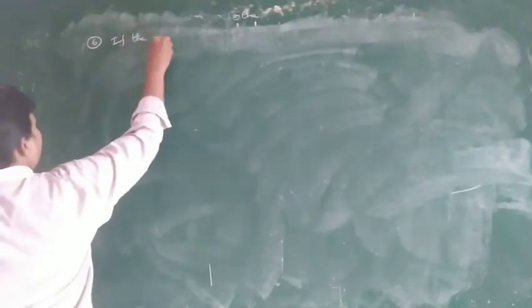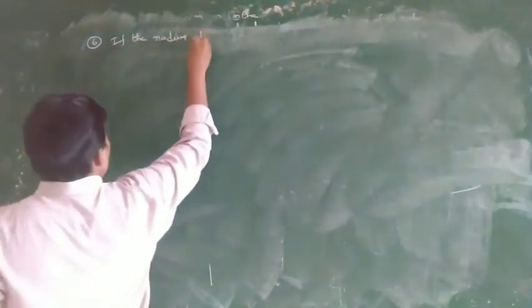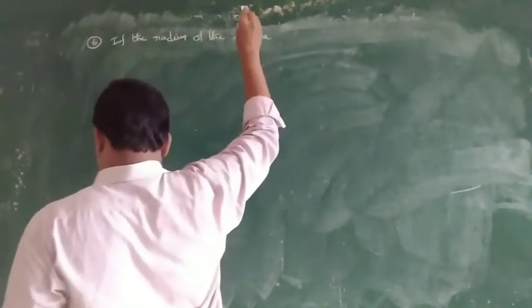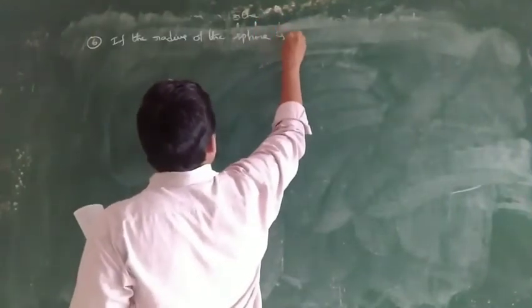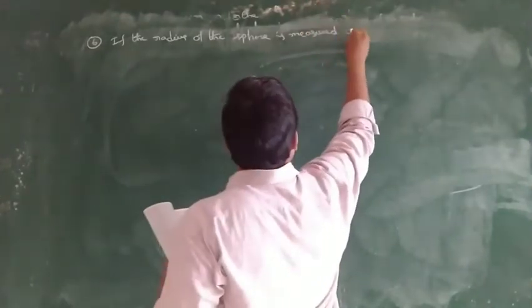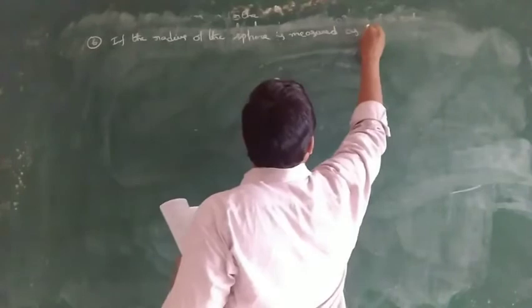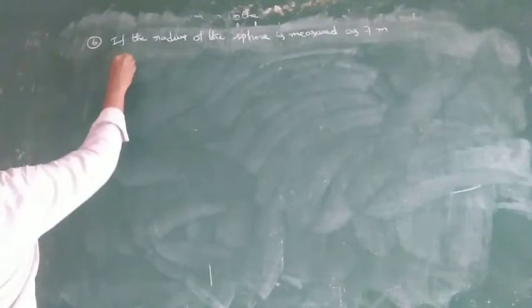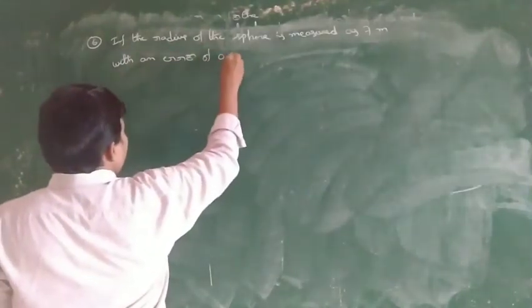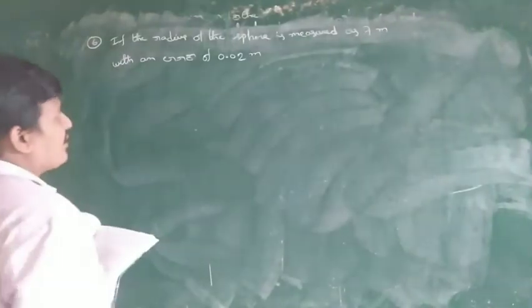If the radius of the sphere is measured as 7 meters with an error of 0.02 meters. Which error?